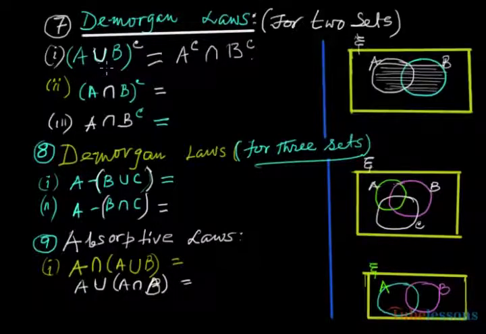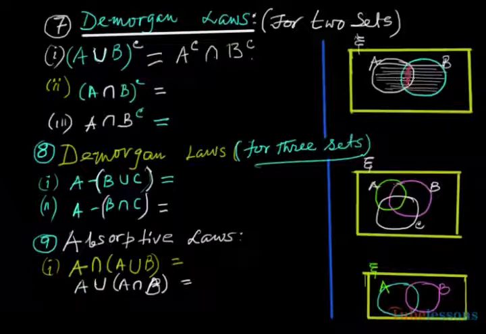So please pay attention here. Here we are writing union, but here it is intersection. Similarly, A intersection B complement. So here A intersection B, it represents this area.